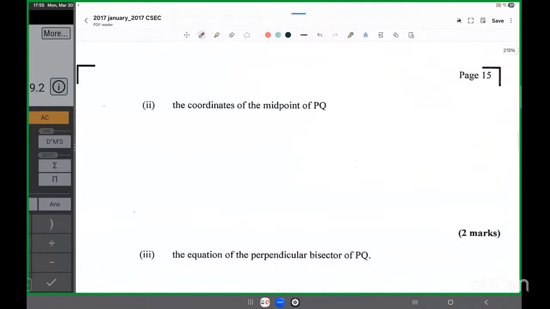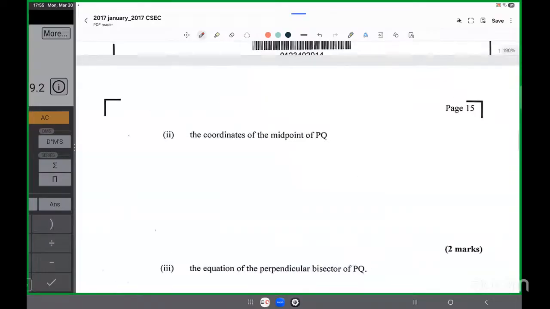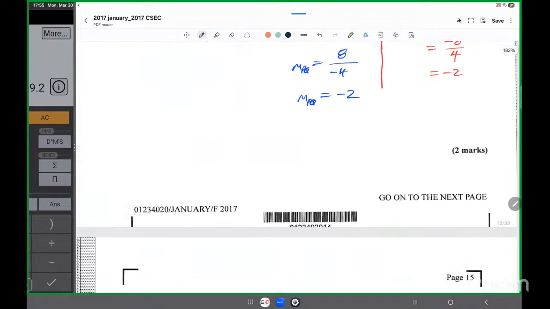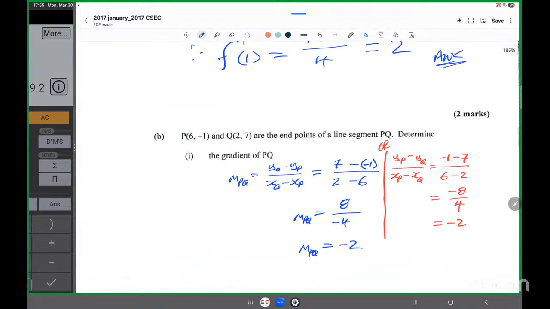The coordinate of the midpoint. Remember, the midpoint is like an average point, right? So the coordinates again, write them down. P is 6, negative 1. Q is 2, 7.